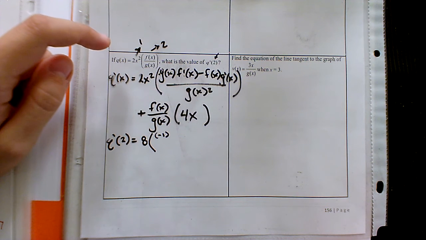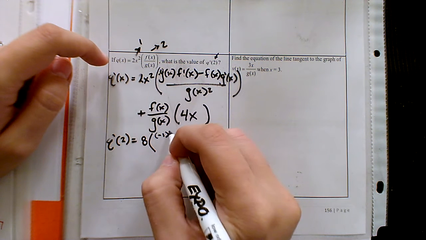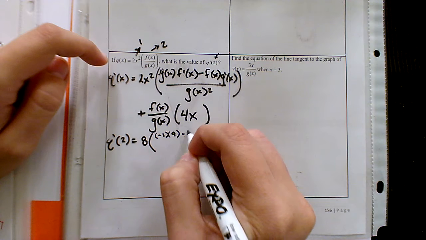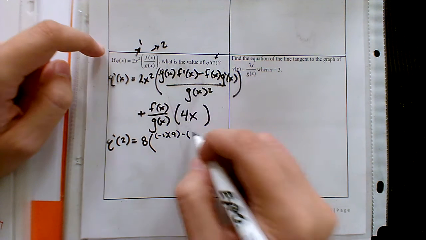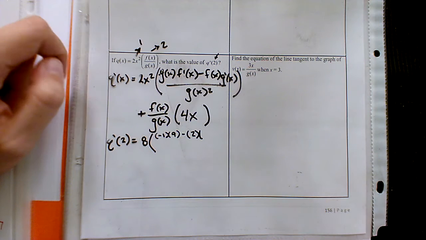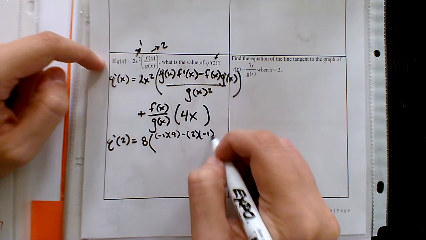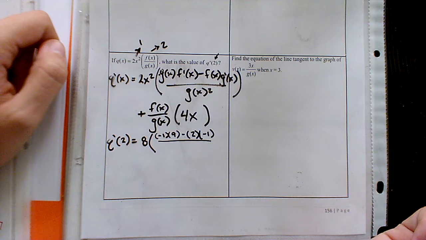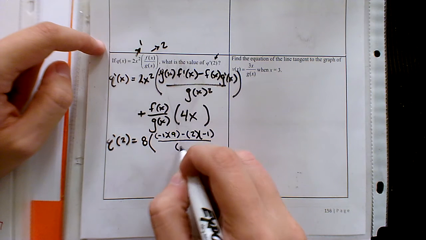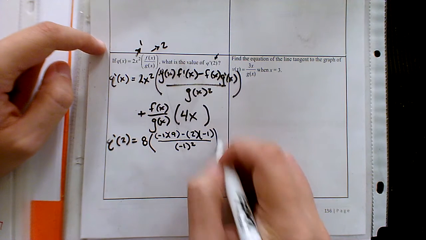F prime of 2 is 9. F of 2 is 2. G prime of 2, -1. G of 2 is also -1, and we have to square it.